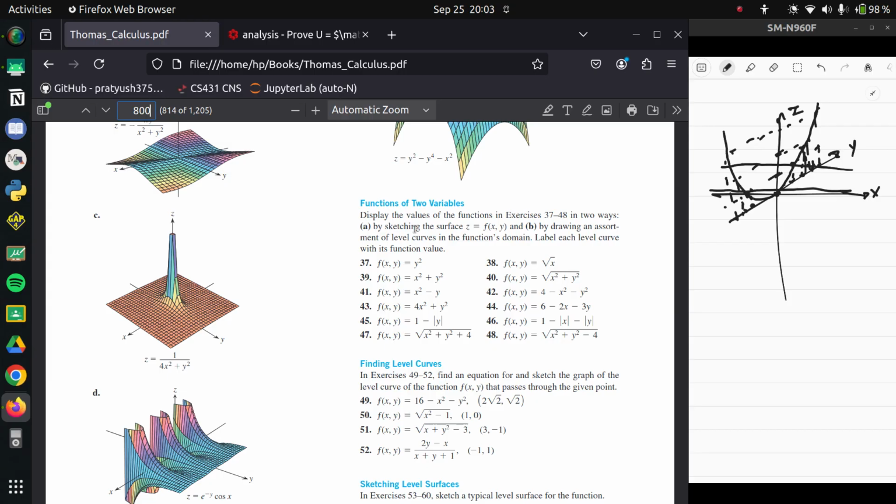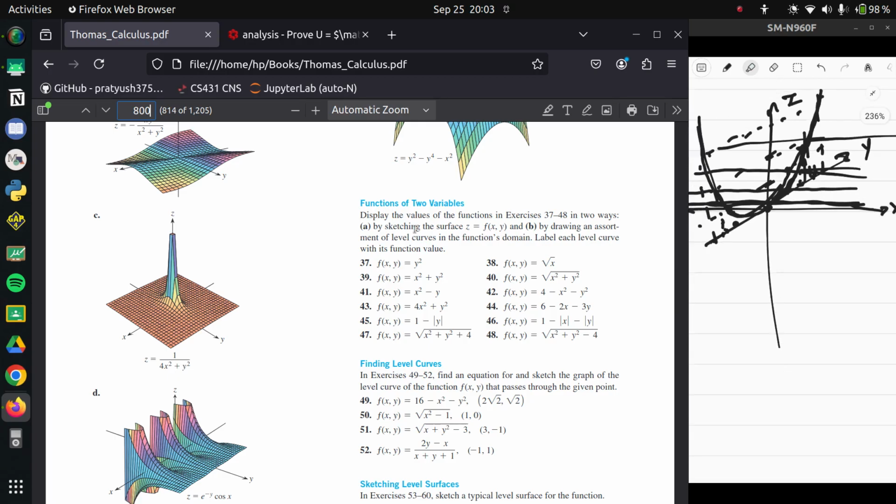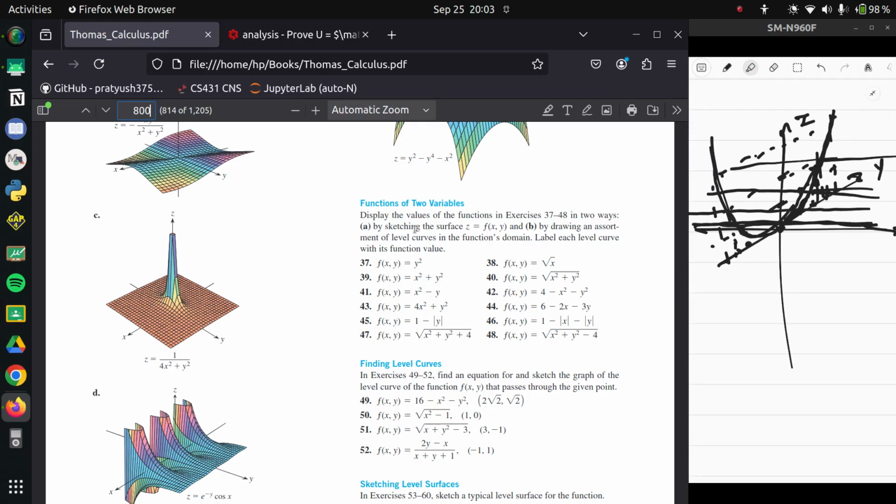So yeah, this is probably how it should look. This is the parabola in the yz plane, and what's happening is that these are the level curves. So just have this, and then this. I'll have to shade this, otherwise it doesn't make sense.